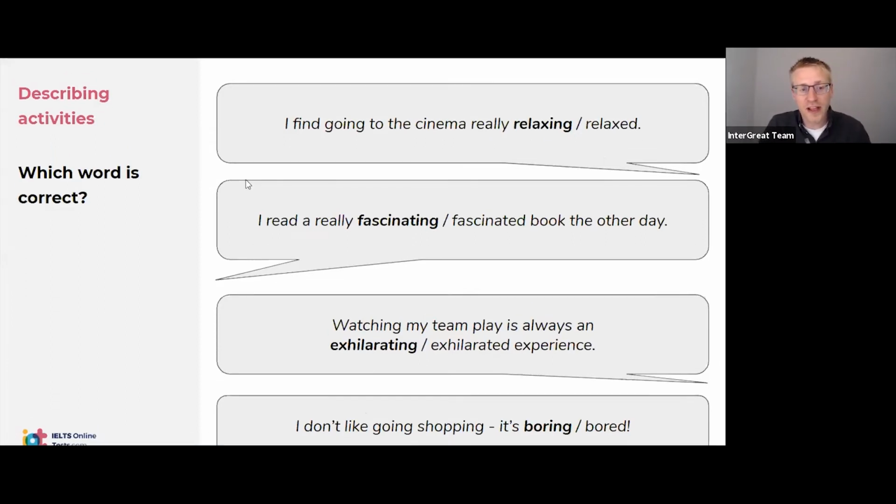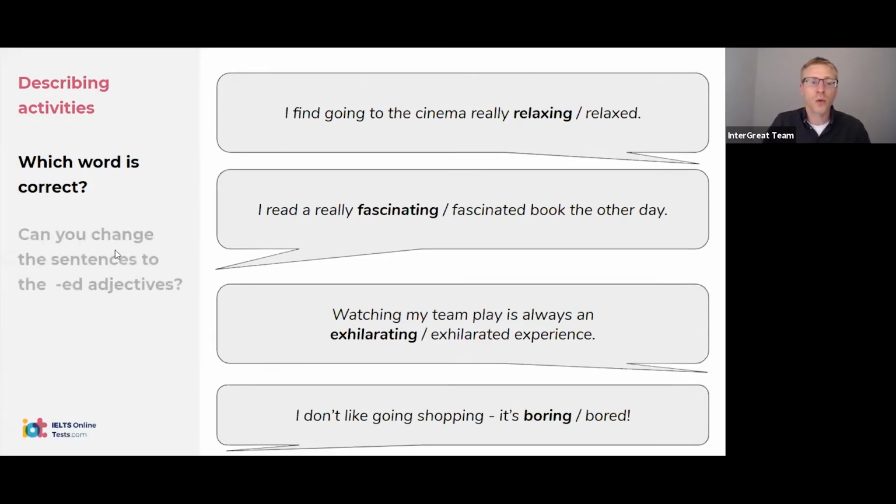So the rule here, what would you say is the rule for using the ing form? We use it to describe a thing, right? The cinema is relaxing. The experience is relaxing. Yeah, exactly. ing is for the object, the thing.